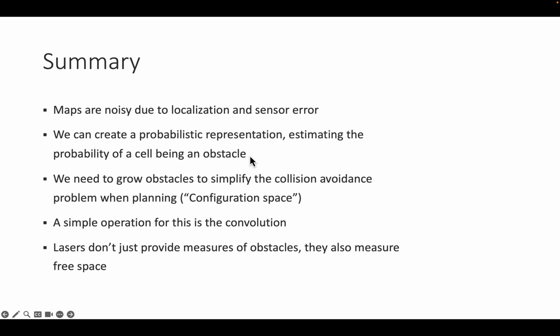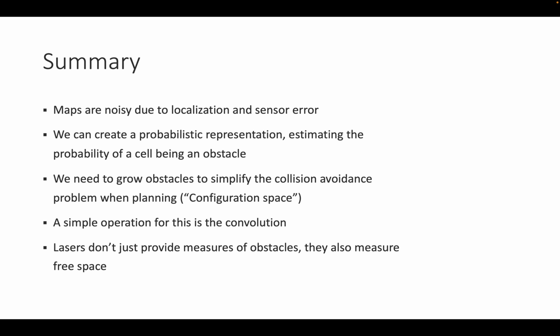Now, in summary, I hope you saw maps are noisy due to localization. Nothing we can do about right now instead of using GPS and compass, and sensor errors, and that makes them completely useless. So we need techniques to make clean representations so that we don't run into obstacles that don't exist or are blocked by them, even though they're not there.